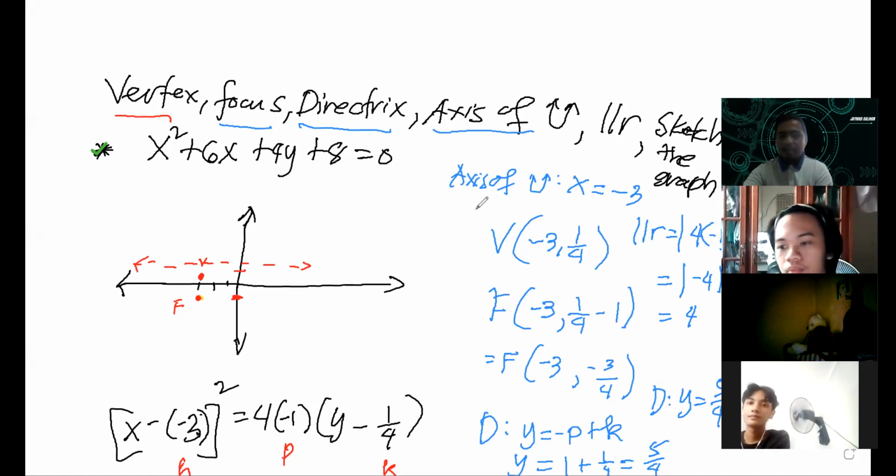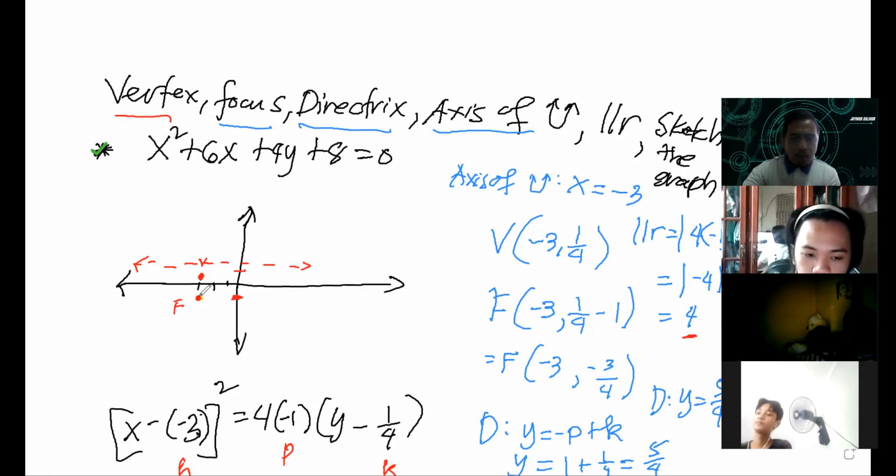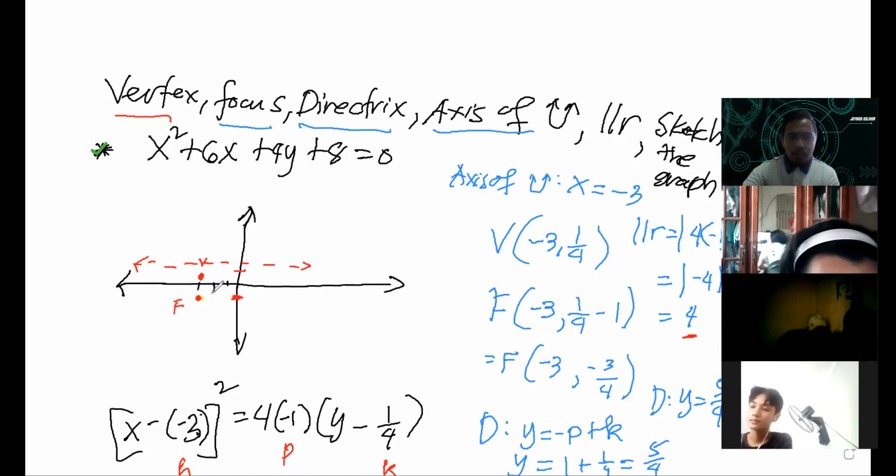Okay? Then one more, the length of your latus rectum is 4. So here, you should count 2 units here, right? If you count 2 units, it should have a point somewhere here, right? This point must be one of the points of your parabola, and also 2 units going to the left side.